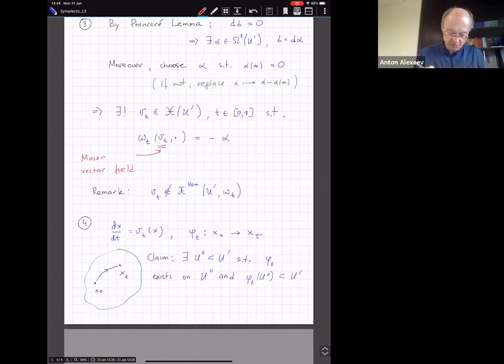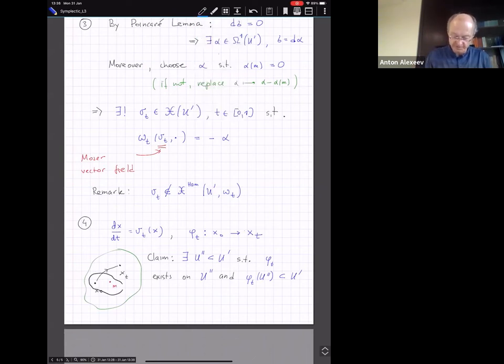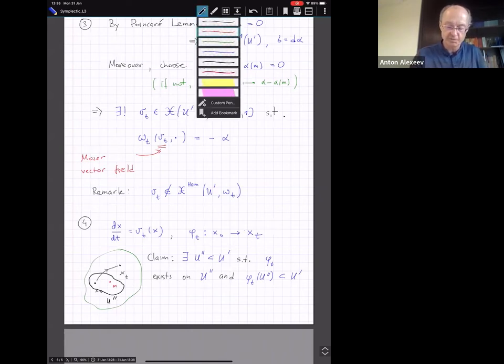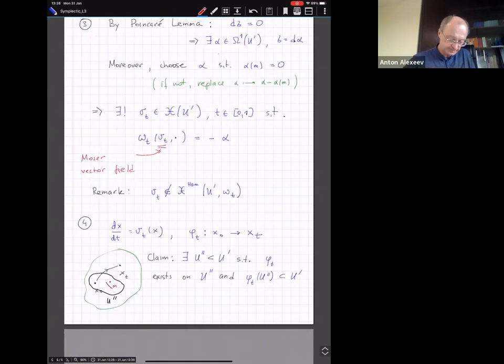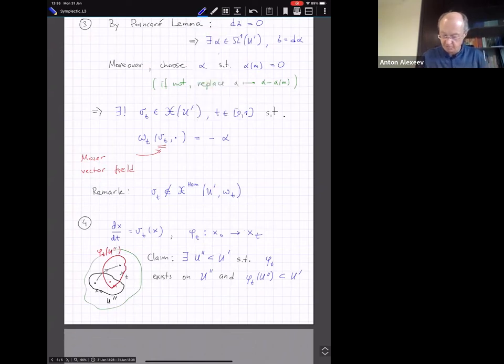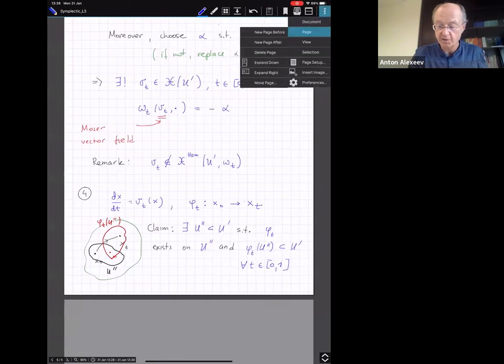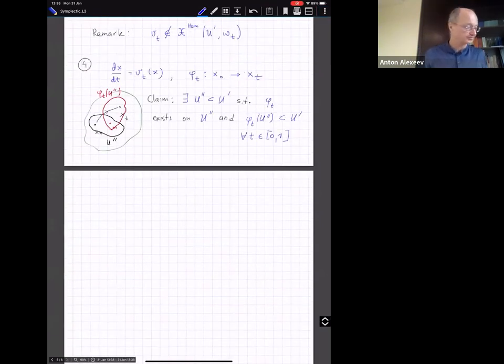So here is our point M, and we have this u double prime, and then it is moved by the flow to the image. And this is happening for all t between 0 and 1.